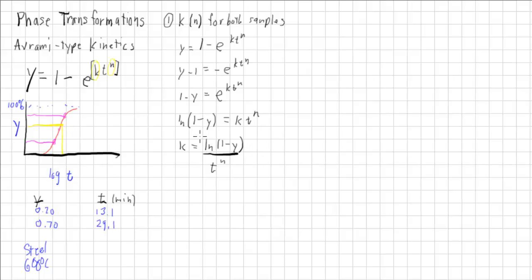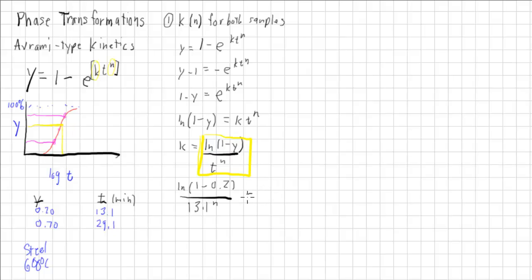So I'm going to take this k expression here and use these two samples for each one. Okay, 1 minus, this is 0.2, so it's 1 minus 0.2, all over time, so 13.1 minutes to the n.